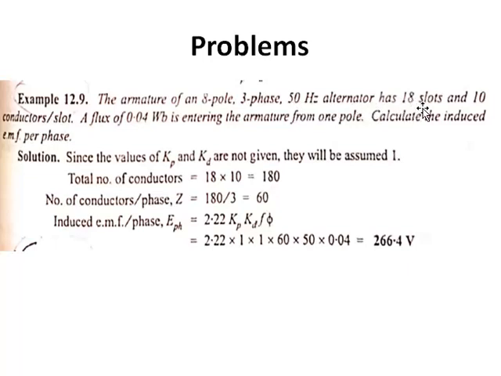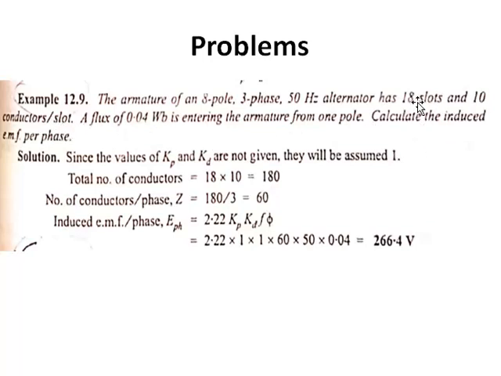The alternator has 18 slots. On the inner periphery of the stator we will have the slots. How many slots are there? 18 slots, and in each slot there are 10 conductors.